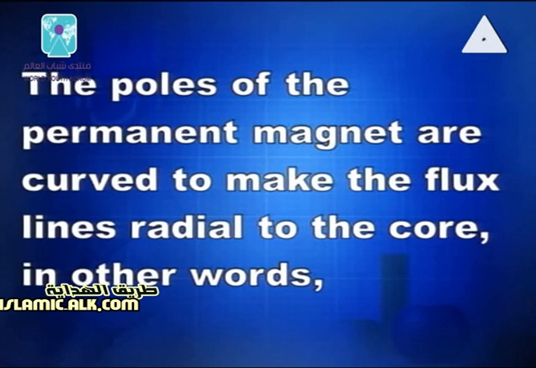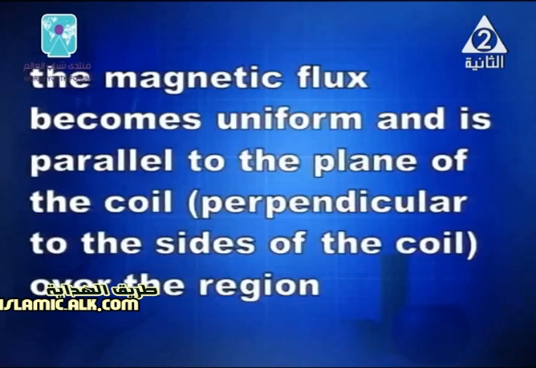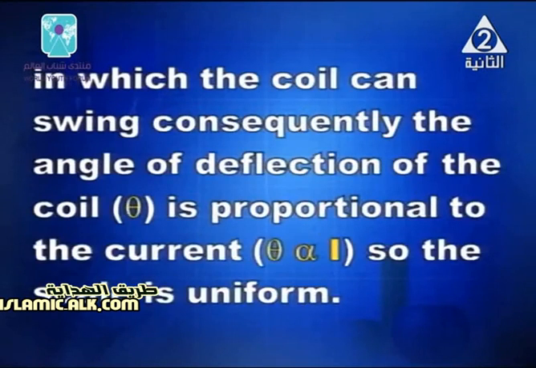In other words, the magnetic flux becomes uniform and is parallel to the plane of the coil, perpendicular to the sides of the coil, and parallel to the plane over the region in which the coil can swing. Consequently, the angle of deflection of the coil, theta, is proportional to the current, and the scale is then uniform.